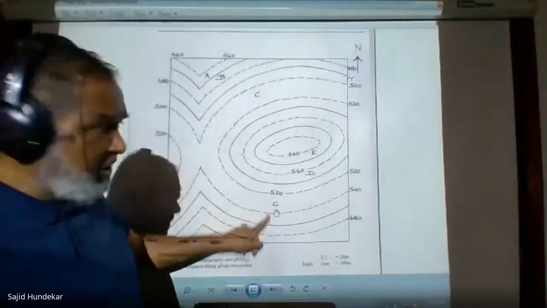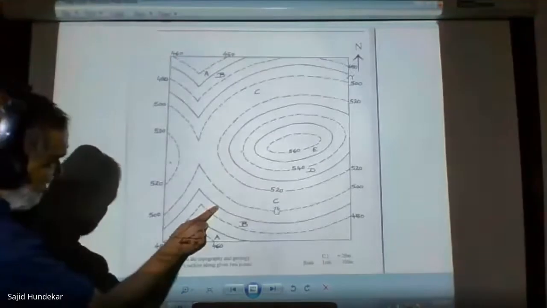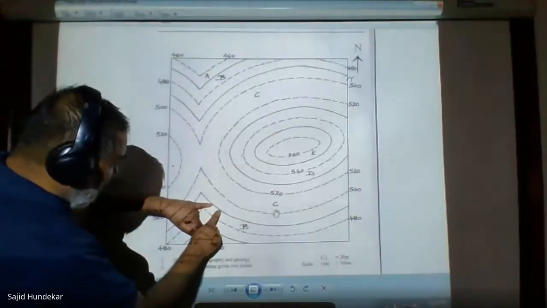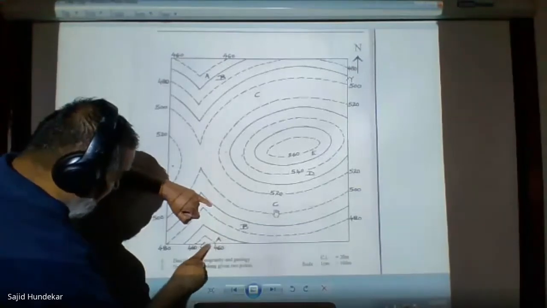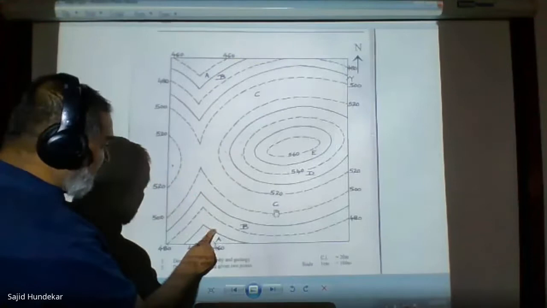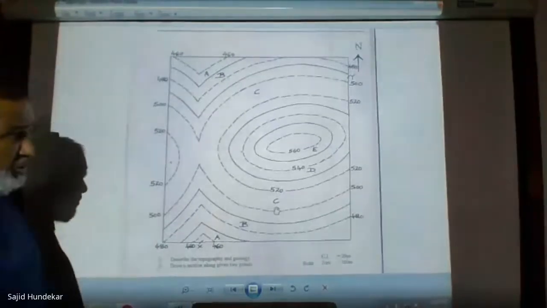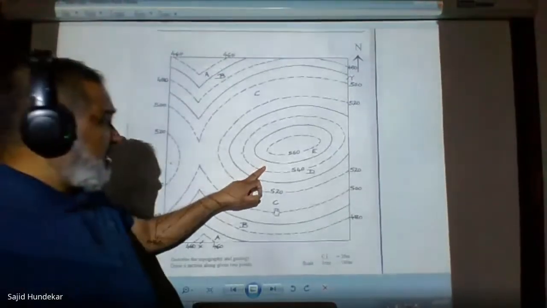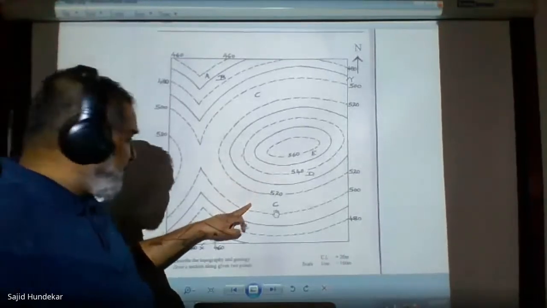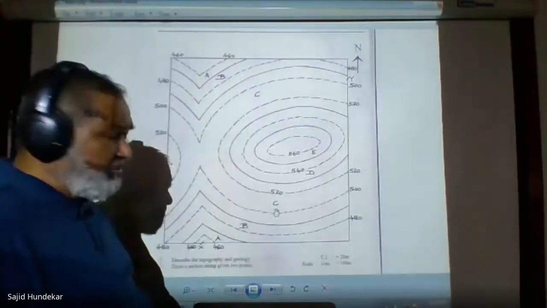So C will be 40 meters. Come to the B one. This dark line to this dark line. So here we got 490, and come to here, this will be 460, and it is 480, so 470. So here it is 20 meters. So B we got 20 meters, C we got 40 meters, and D we also got 20 meters.